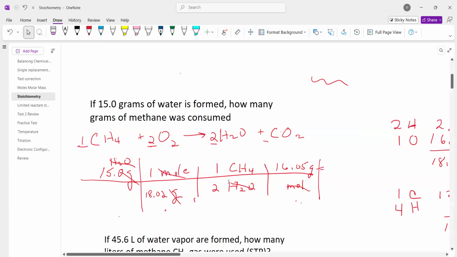That's the 3 steps. Okay, so let's calculate this, see what we get. Now we're going to multiply everything on the top, divide by everything on the bottom.